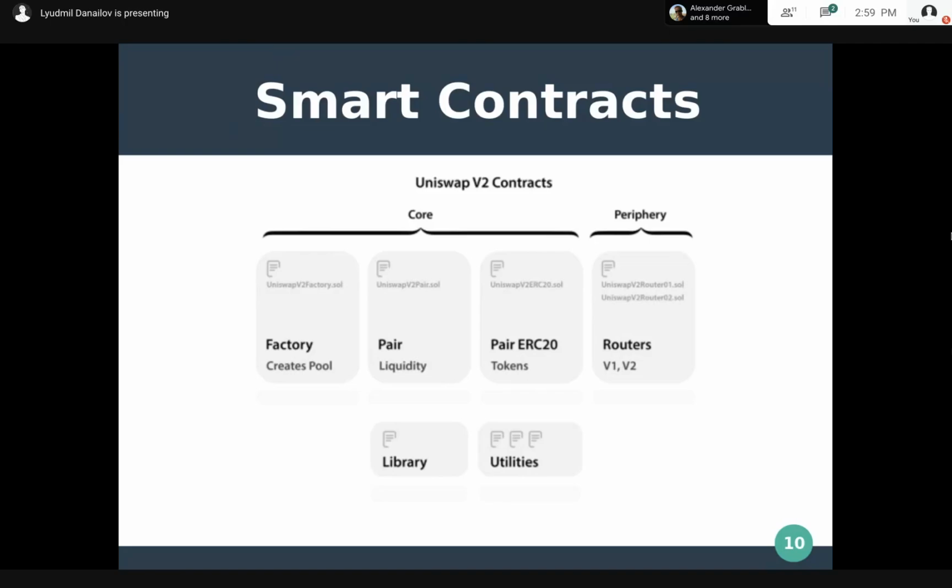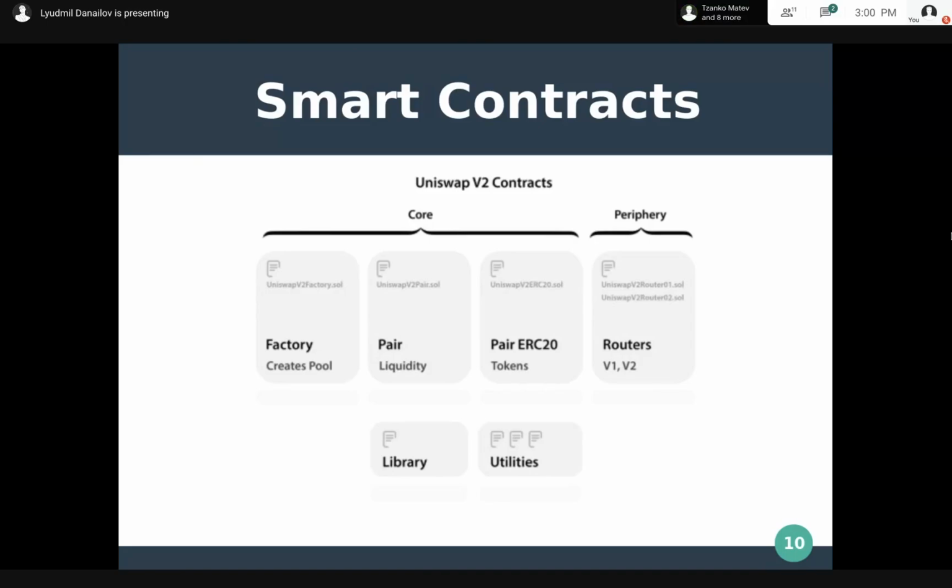Lyudmil, please tell us about the use of the liquidity token. In your picture, this is a pair ERC20 token. How can you use it and how is this token used in the community? I didn't understand.